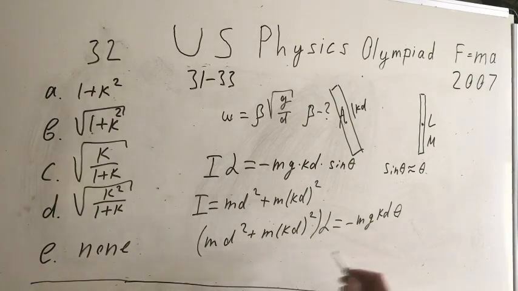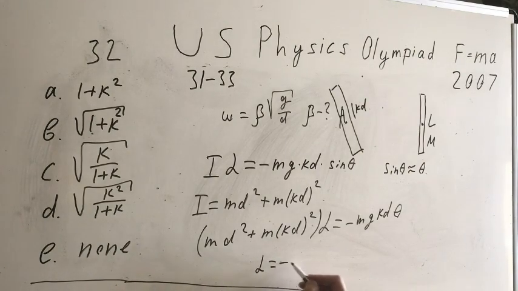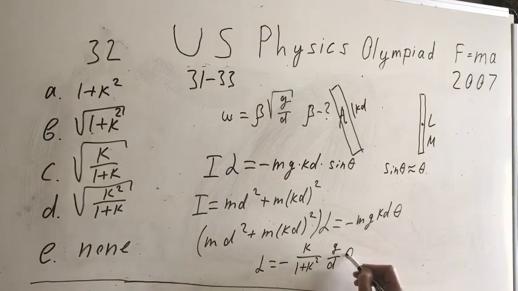This part we can move to the right, and we have alpha equal negative k over 1 plus k square times g over d theta. If you look at this equation, that's exactly an equation for small harmonic oscillation.